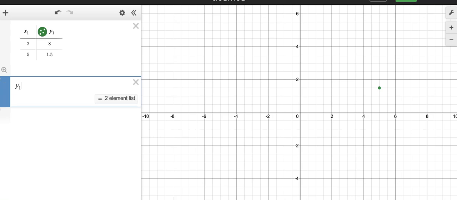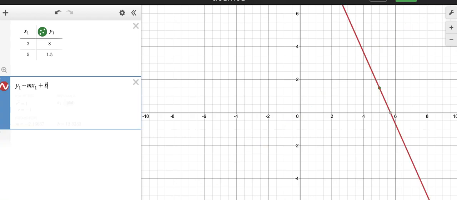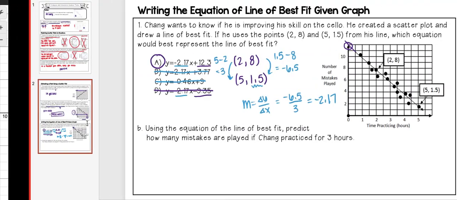Again, from last week, that is y1 tilde mx1 plus b. And then it gives me my slope and y-intercept here. I see my slope, just like what we found, was about negative 2.17, and my b was about 12.3. So that's another way you can do that.